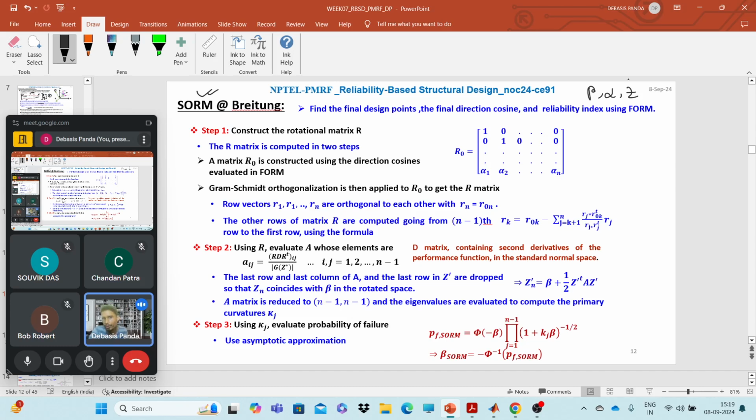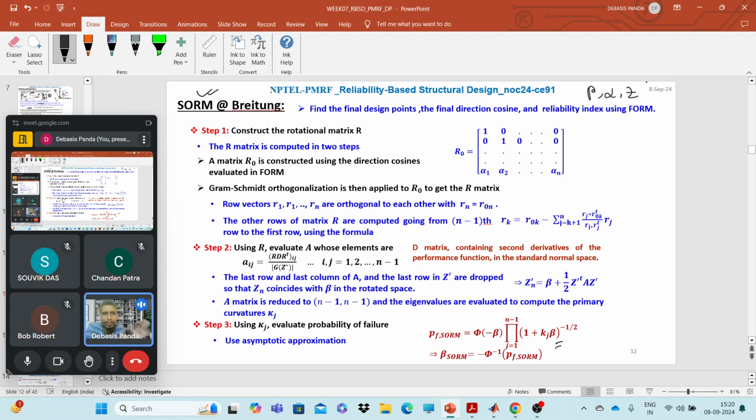So first we need to solve the problem using the first order reliability method, then the correction for the curvature will be incorporated within this equation using this form. So first we need to have the beta, final alpha, and final design points in our hand. That means we need to first run the first order reliability code, that means the Rackwitz or Rackwitz-Fiessler algorithm, to find out the final beta, alpha, and z.